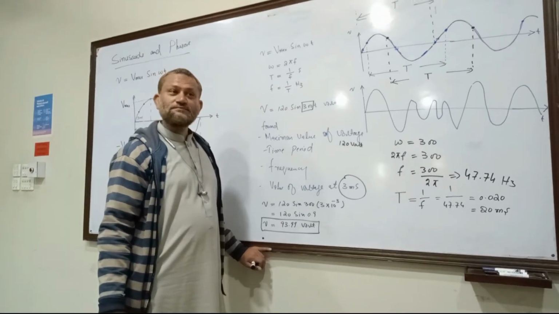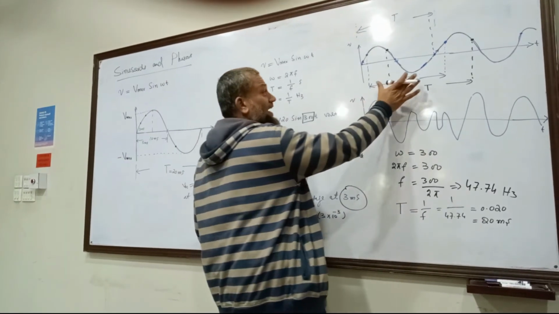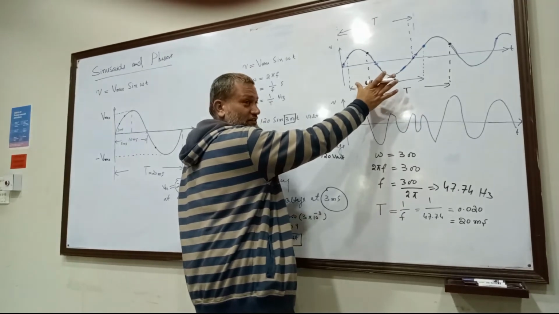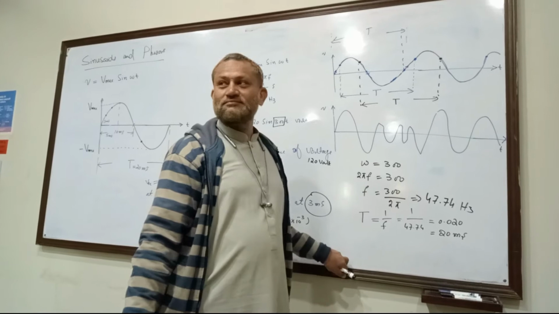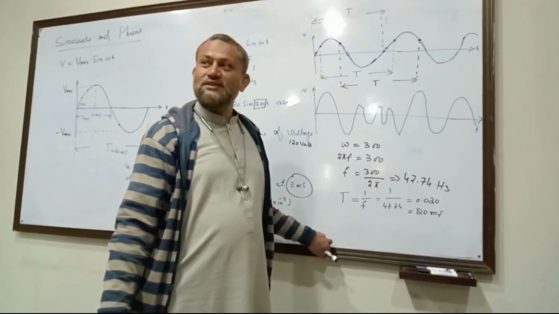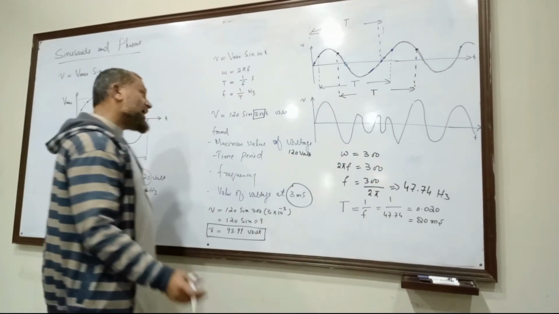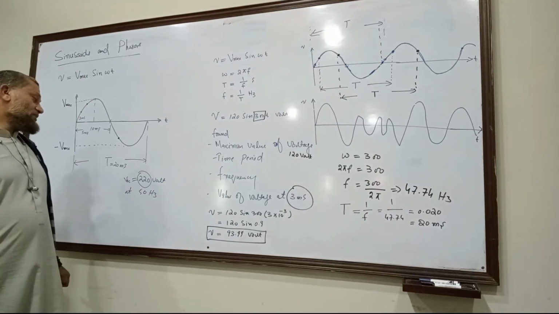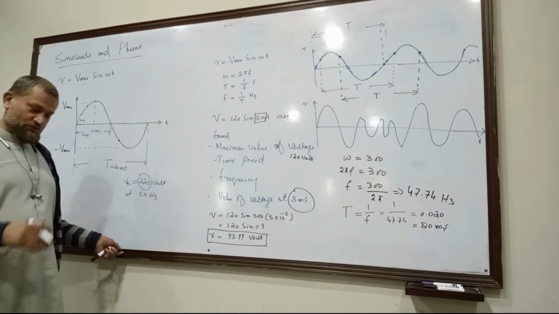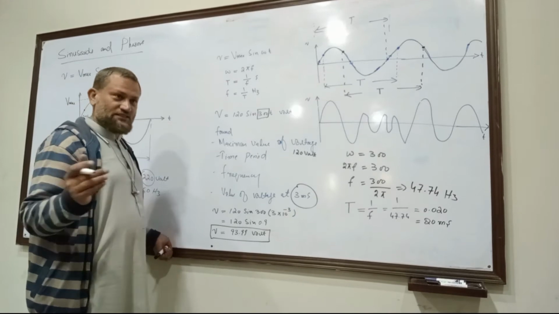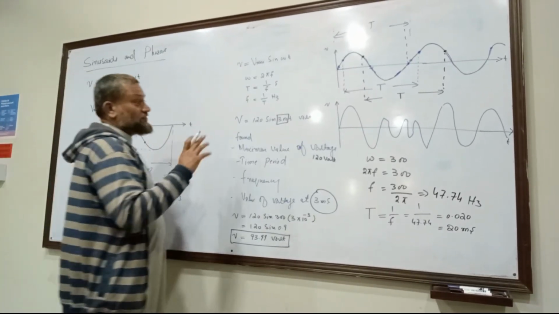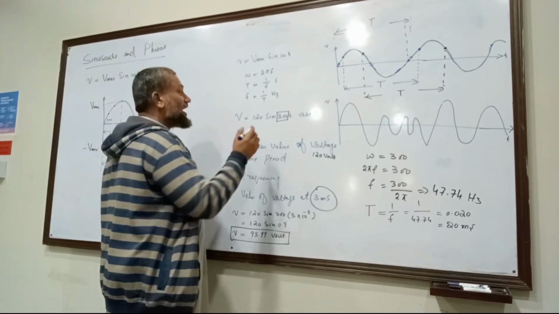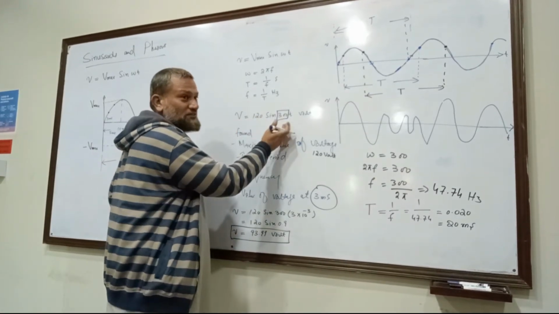Because when we take an average value for this wave, the average value will become 0. Understand my point? That's why we take an RMS value. But for your question, I took these values just randomly.